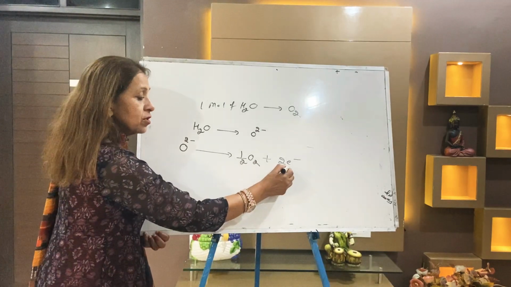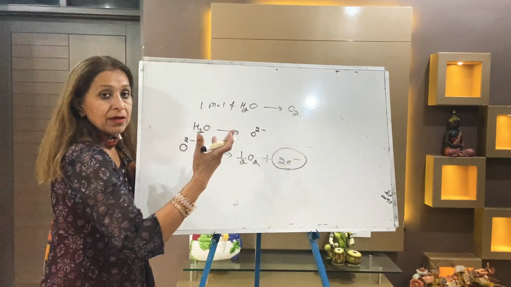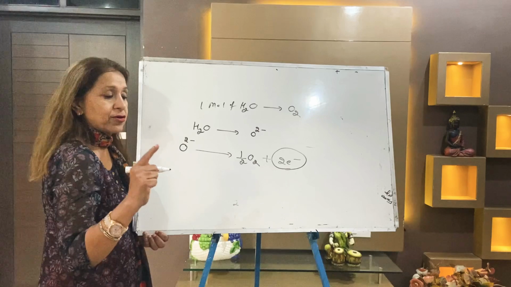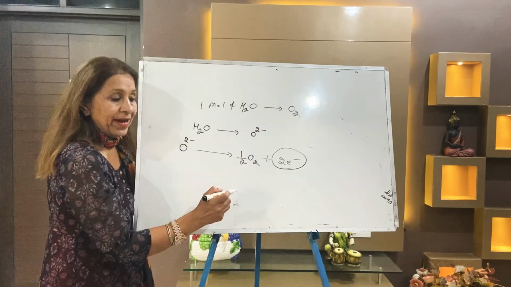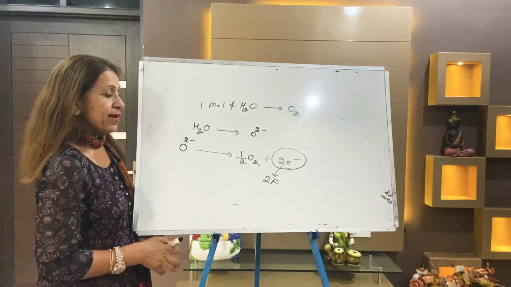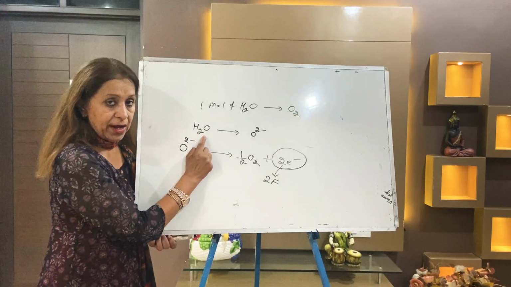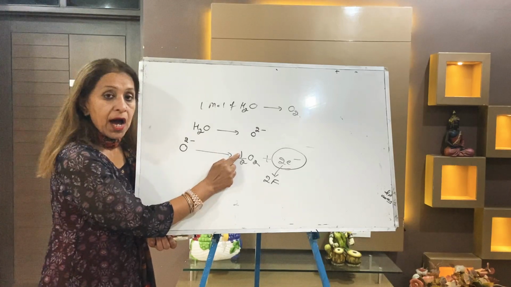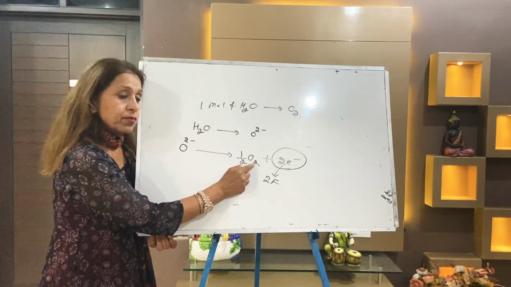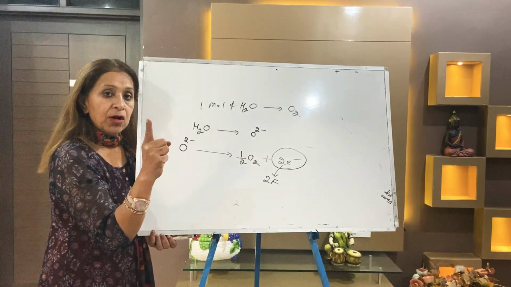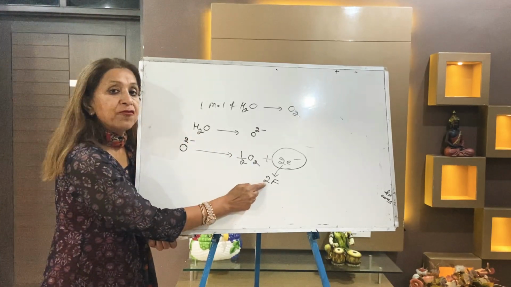How many electrons are moving? When water is electrolyzed, it is 2 electrons. Never say 2 electrons; always say 2 moles of electrons. Your answer is 2 Faraday. So when 1 mole of water is electrolyzed, to produce half mole of oxygen you need 2 Faraday. To produce 1 mole of oxygen, we want 4 Faraday.